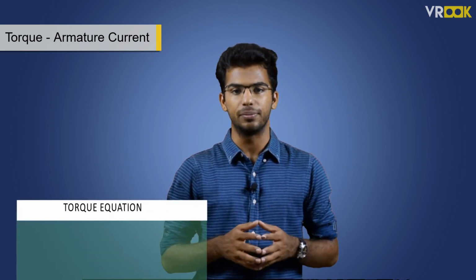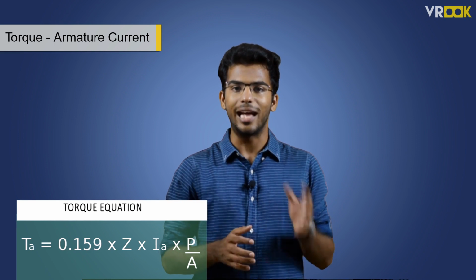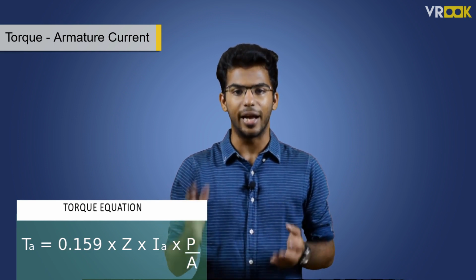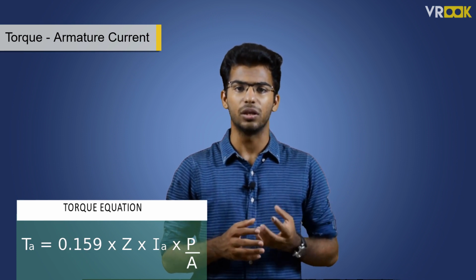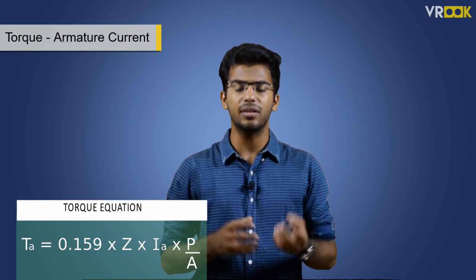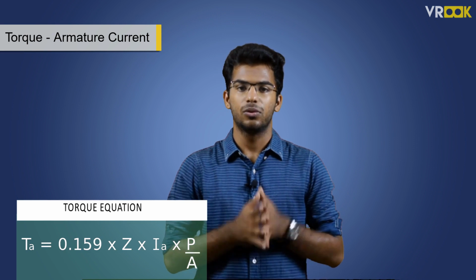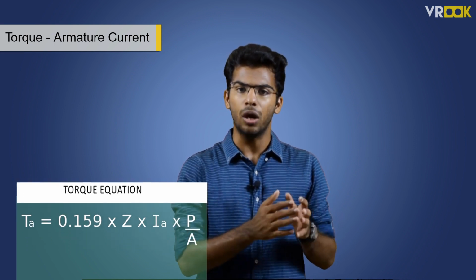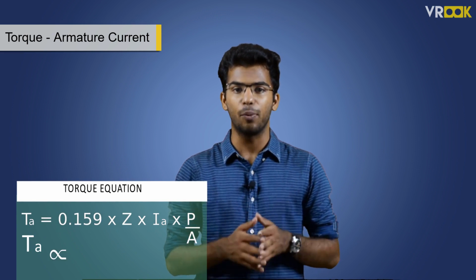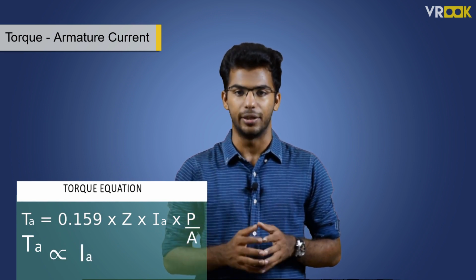Now, coming to the characteristics, we know that torque is given by this equation. Here, except T, Phi and Ia, all are constants. And in shunt motors, we are considering flux as constant too. So, from the equation, we can say that armature torque Ta is directly proportional to armature current.